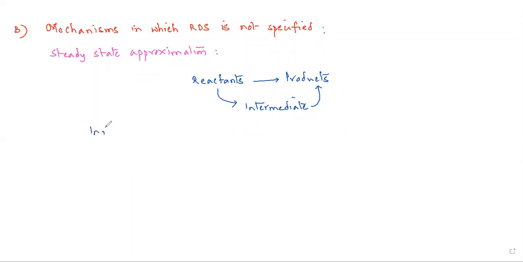If we consider at the beginning or initially, the rate of production or the formation of the intermediate is more, or you can say it is large.